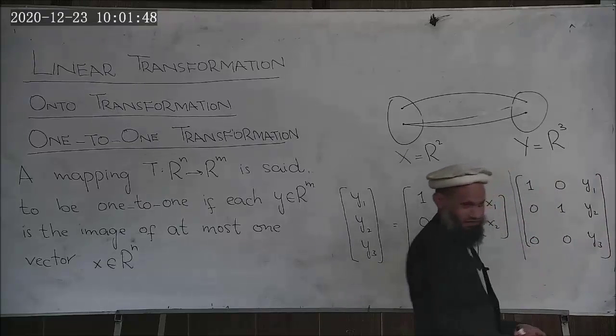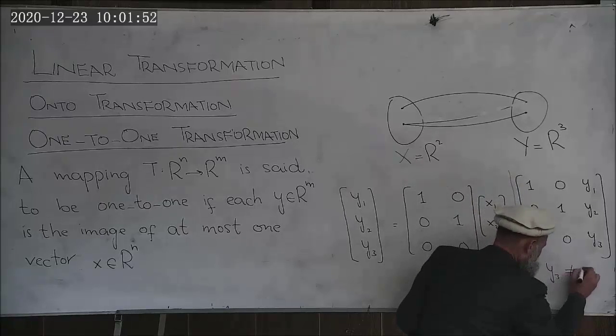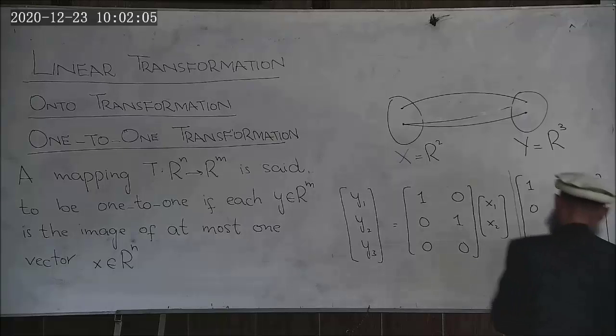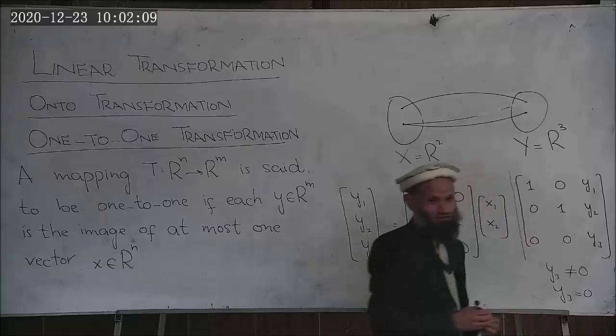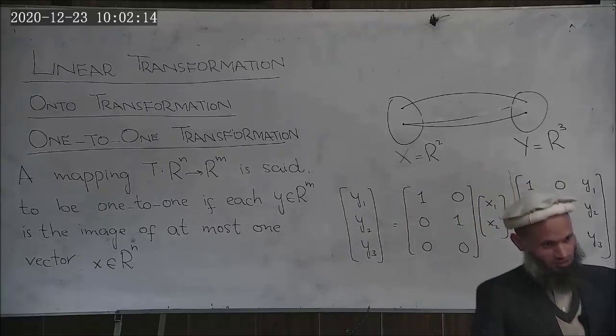You can easily see that if y3 is not equal to 0, then there is no solution to the system of equations. However, if y3 is equal to 0, then there is a unique solution.